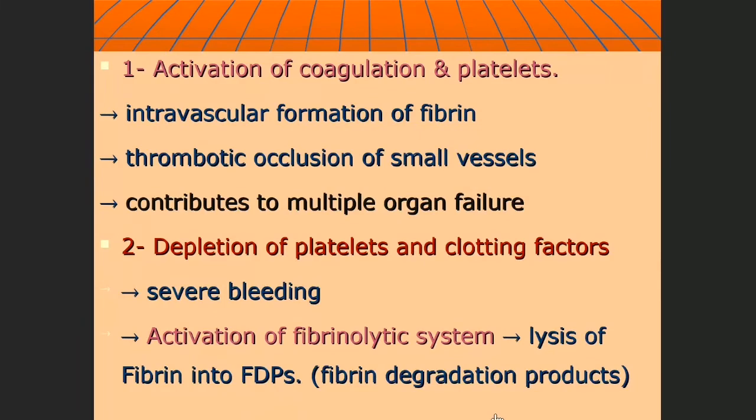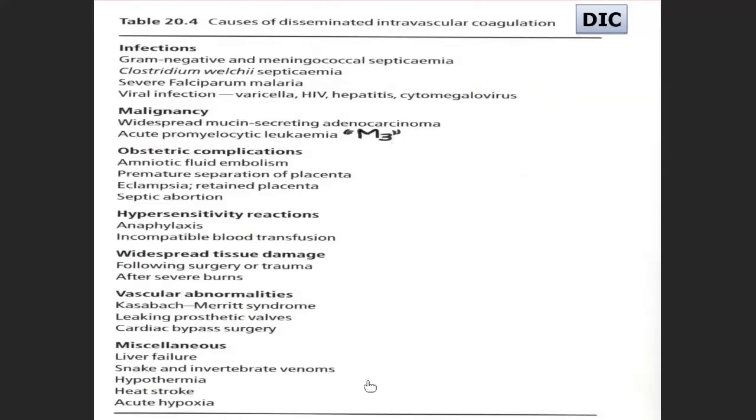These are causes of disseminated intravascular coagulation. We have infections, which can be bacterial infections, protozoal infections, or viral infections. Malignancies, commonly mucin-secreting adenocarcinomas and acute myeloid leukemia M3, as we will learn in hematology 2.